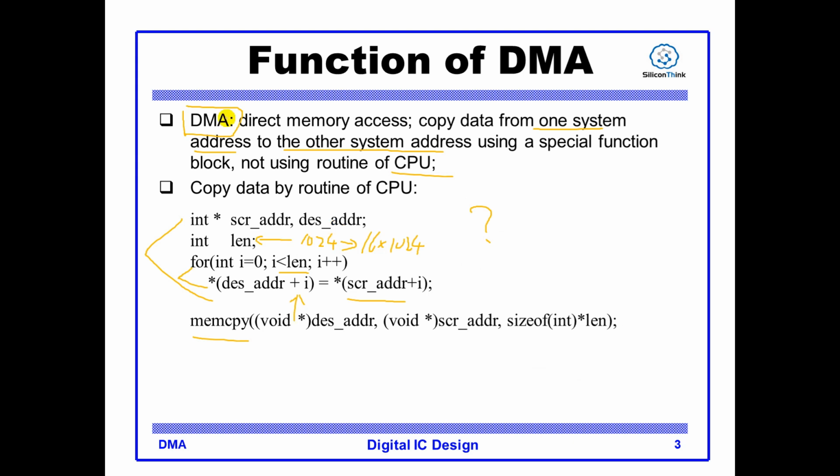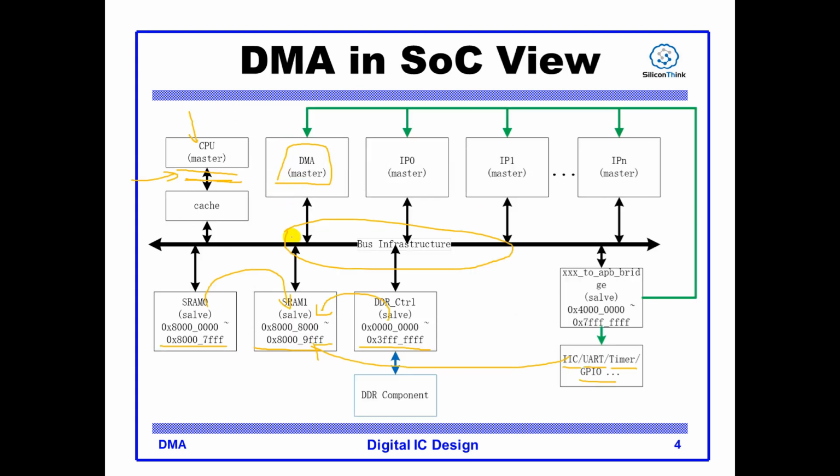So if we implement the same function in DMA controller, we can choose a proper burst length at this point. The DMA controller can issue bus access with proper burst length that can improve the data bandwidth of the whole bus system. So these are the two benefits of implementing the data movement in DMA controller.